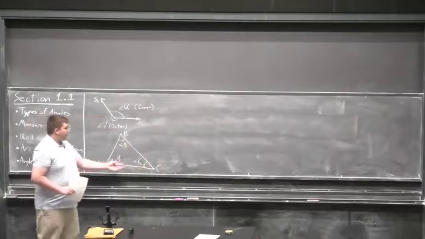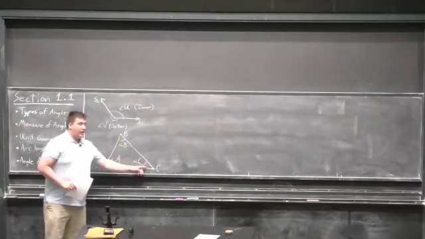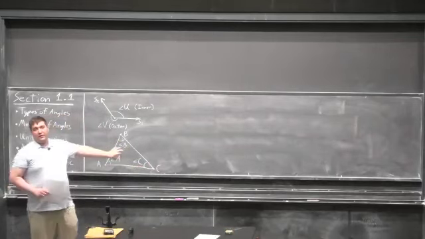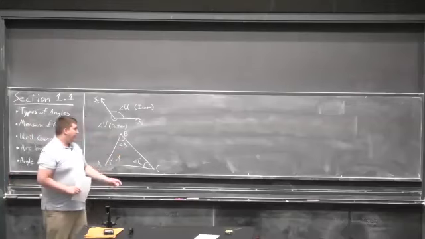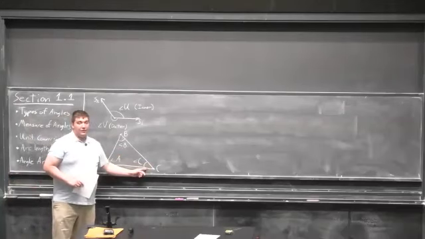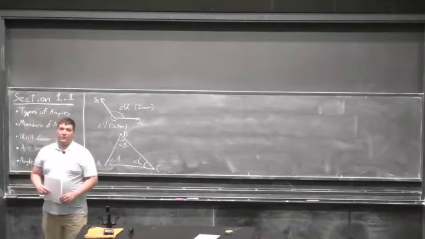Note that this is the inner angle because we're looking at the interior of the triangle, and the outer angle would be the outside of the triangle.